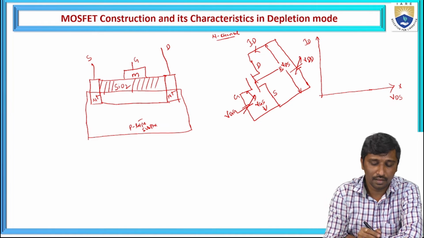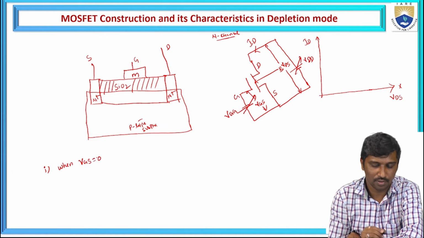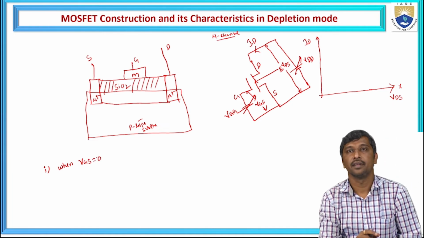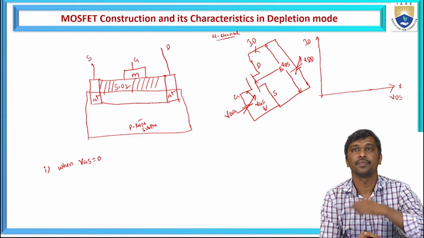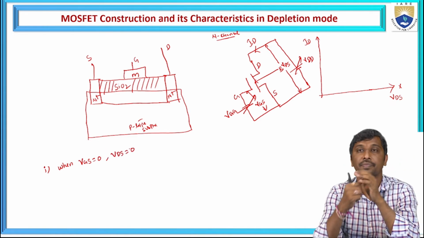Now, let us consider the first case when VGS is 0 and VDS is also 0.